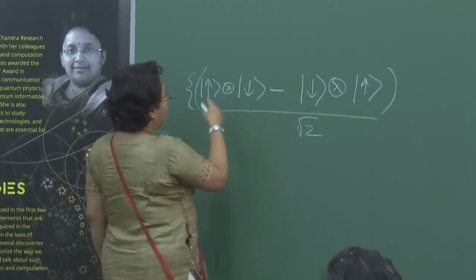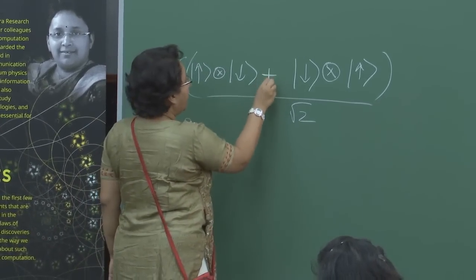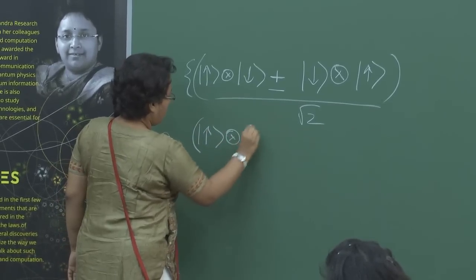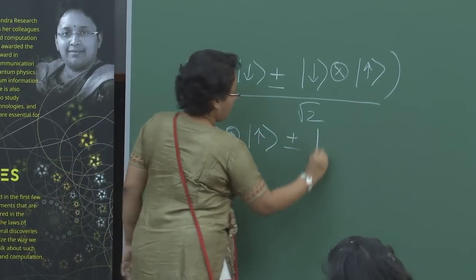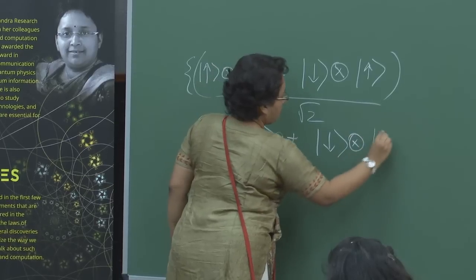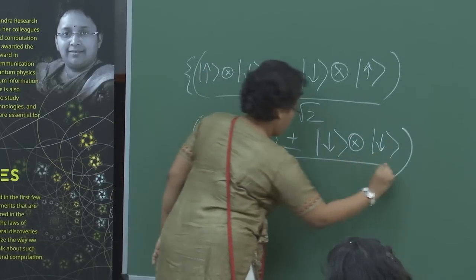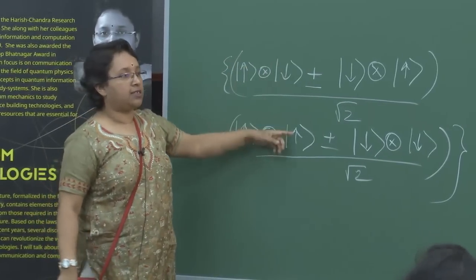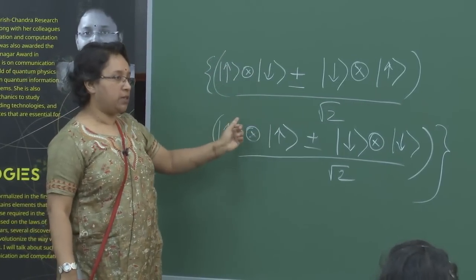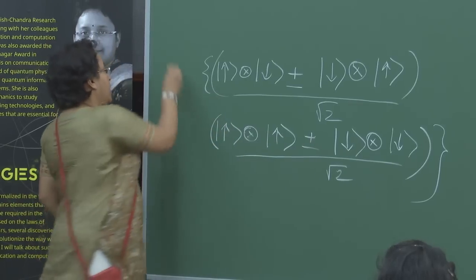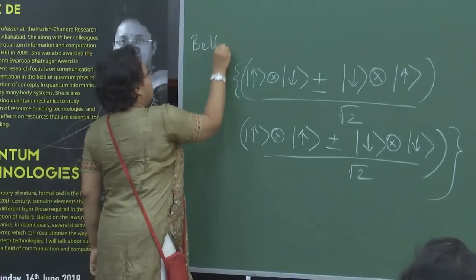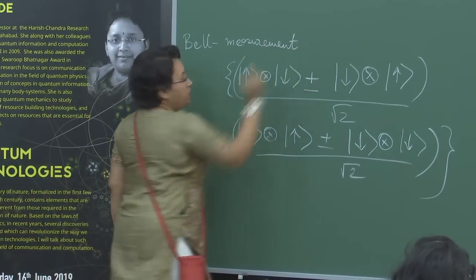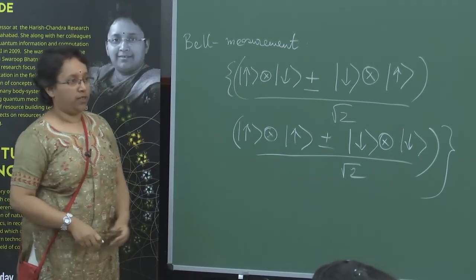Taking this as one of the basis states, you can create, for example, this one, and so these are the 4 orthogonal states in which Alice performs a measurement. So this is known as the Bell measurement or the entangled basis measurement.